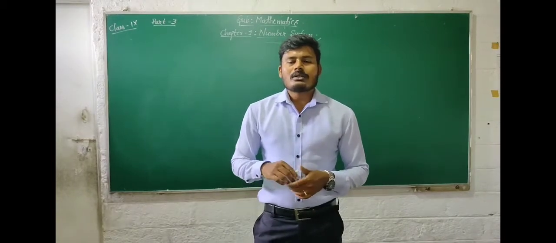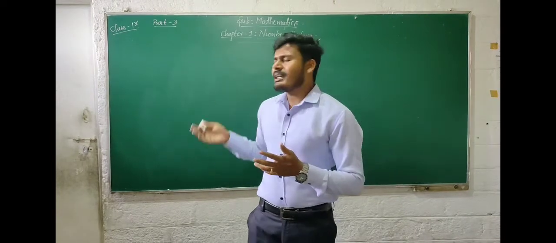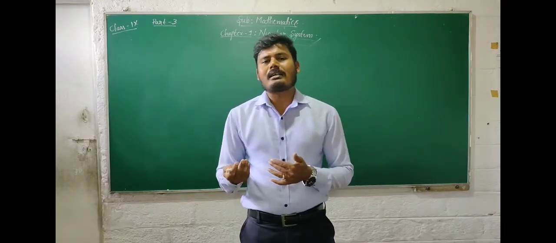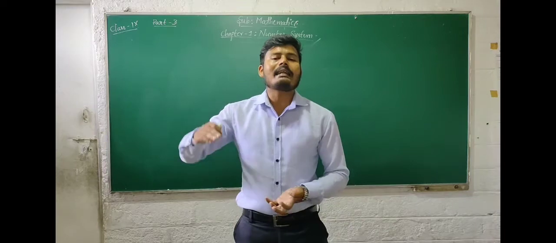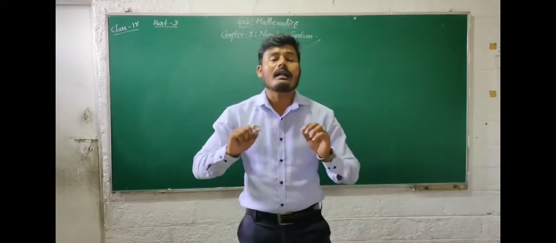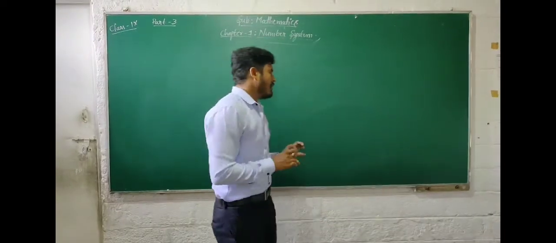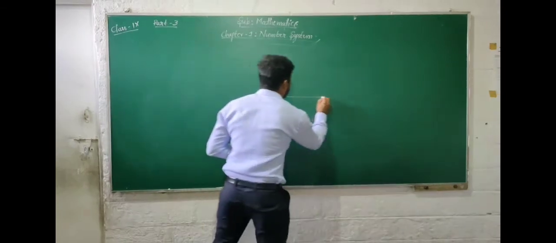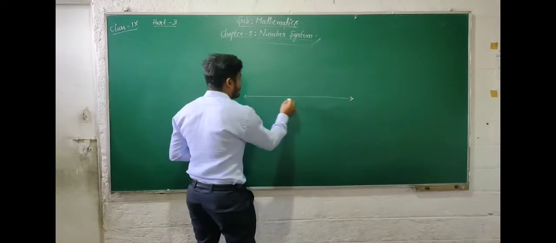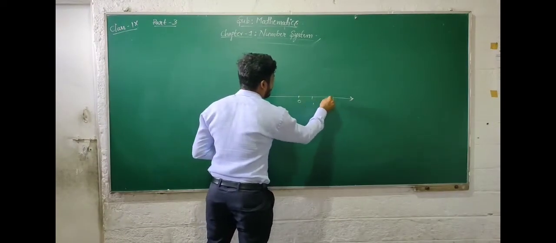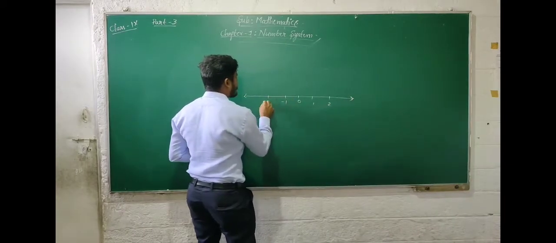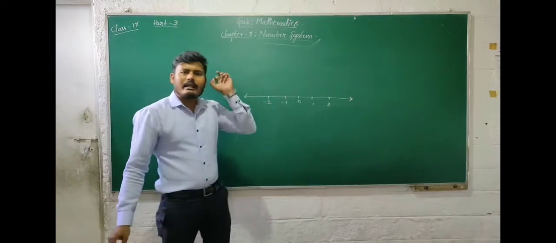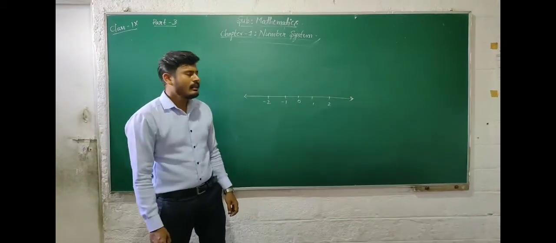We can easily represent any integer, whole number or natural number on the number line. For example, here is a straight line and 0, 1, 2 and so on, minus 1, minus 2. So this is called a number line, isn't it?